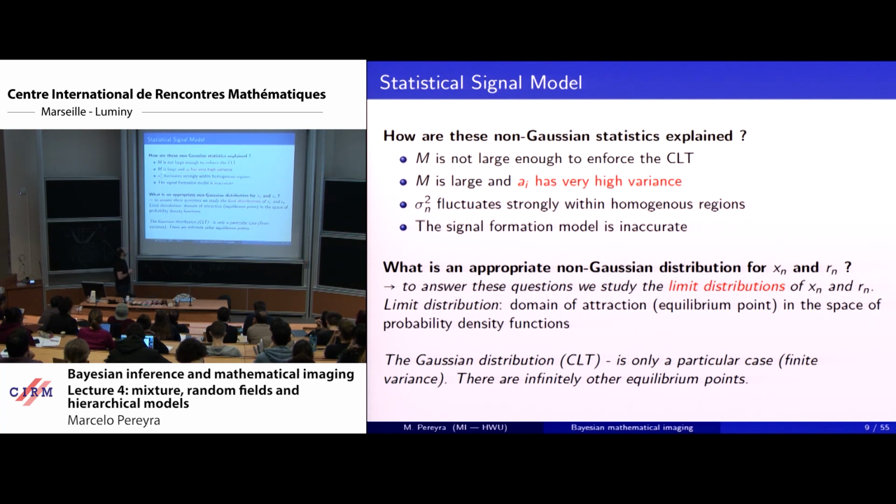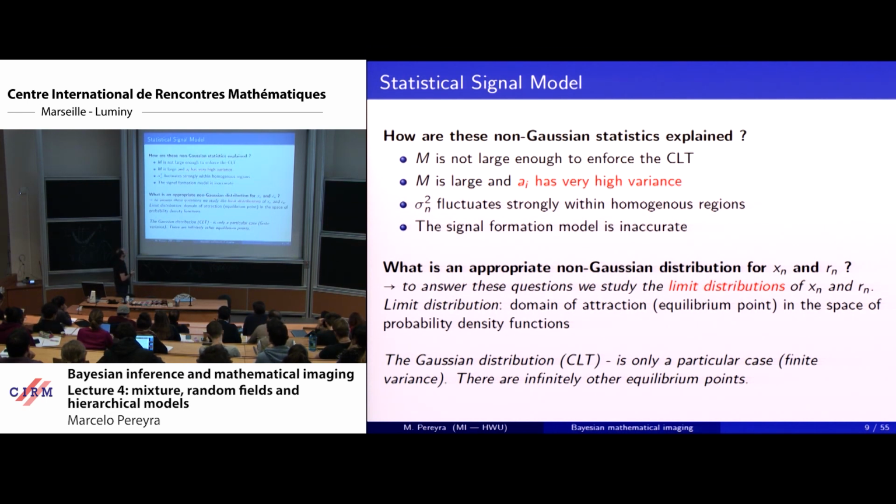So we said, well, why don't we do a mathematical analysis of what's going on and see if the math suggests an alternative. Well, why would this be not Gaussian? Well, if M is not large enough, then we don't have a central limit theorem. For skin, that doesn't sound like a good candidate, because skin is full of structures, and they will reflect ultrasound. So skin is probably full of scatterers.